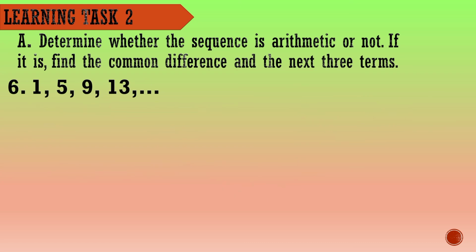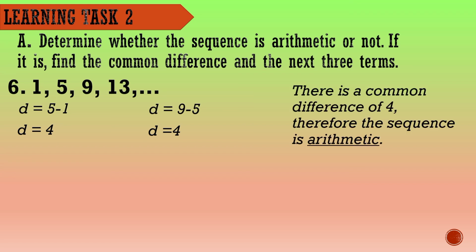Next, number 6: 1, 5, 9, 13, and so on. Okay, let's try to find the difference between each term. 5 minus 1 is 4. 9 minus 5 is 4. The differences are the same. So, there is a common difference of 4. Therefore, the sequence is arithmetic.